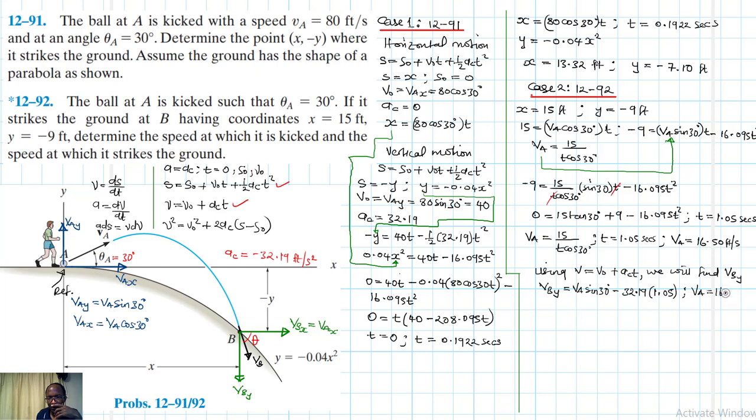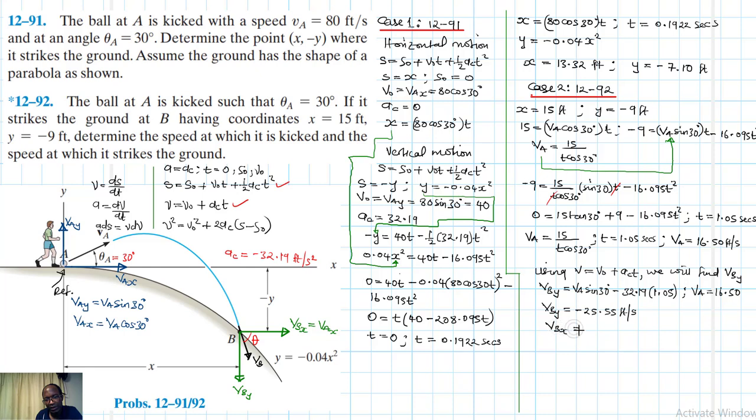It is 16.5, and therefore our VBY is 16.5 sine 30 minus 32.19 by 1.05. So we have a negative 25.55 feet per second.